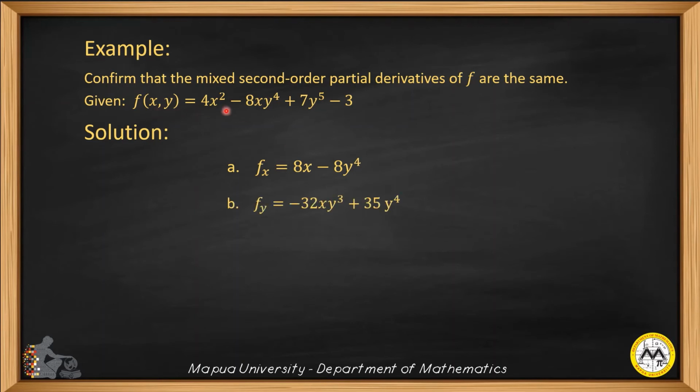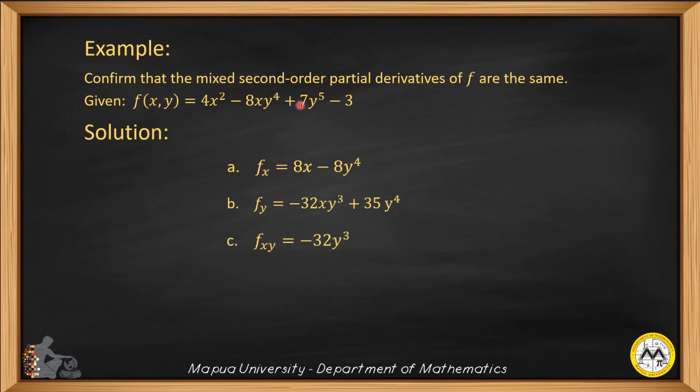Now, if the same function is differentiated partially with respect to y, then we will be treating x as constant. Hence, the partial derivative with respect to y would be equal to negative 32xy^3 coming from this term plus 35y^4 out of this term.